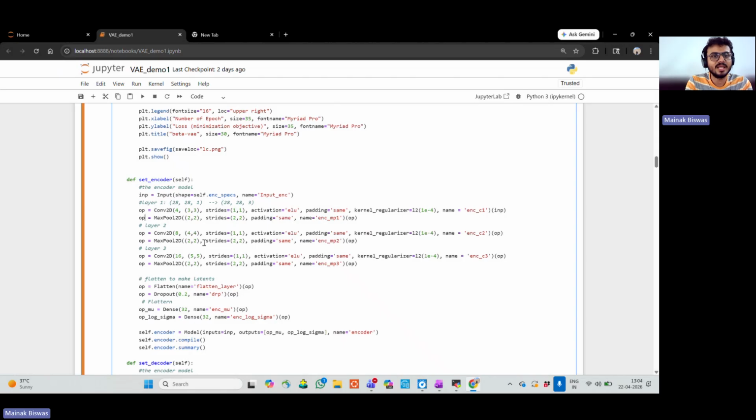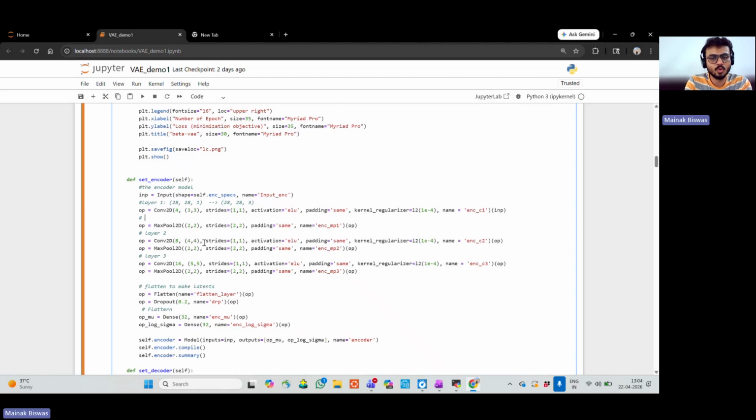Every 2 values, I'm going to take the max value. I hope you know that, it's a prerequisite of the architecture. I'll just take the maximum value for a 2 by 2 filter, and this will become 14 by 14.